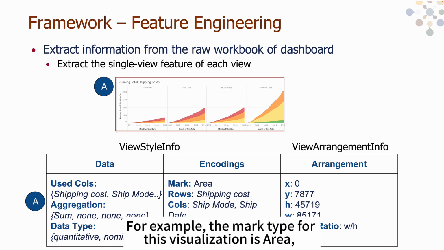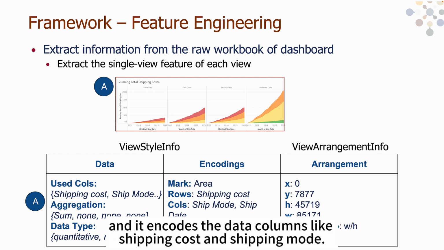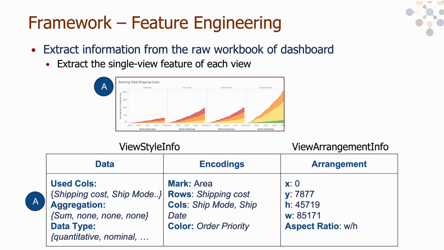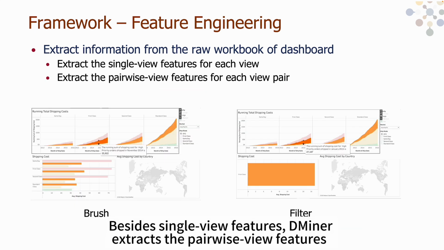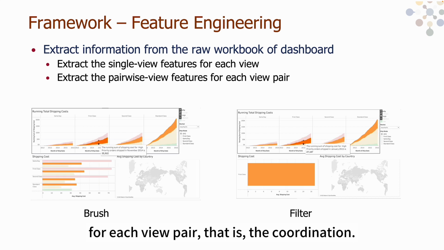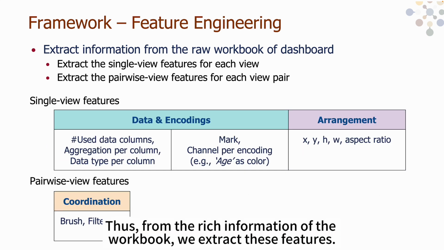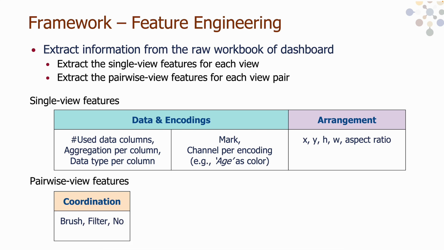For example, the mark type for this visualization is area, and it encodes the data columns like shipping cost and shipping mode. Besides single view features, DMiner extracts the pairwise view features for each view pair, that is, the coordination. Thus, from the rich information of the workbook, we extract these features.